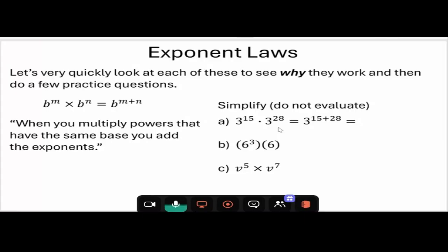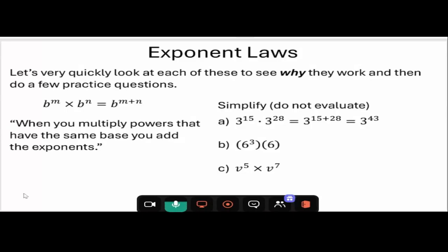In fact, they'd be too big for your screen, and you would not be able to interpret them without first learning something called scientific notation that we're going to learn later on. You wouldn't even be able to get this answer with your calculator. But here we go. It's simply 3 to the power of 43. And now this did say do not evaluate, right? It just said simplify. So that means we don't need to try to turn that into a number.